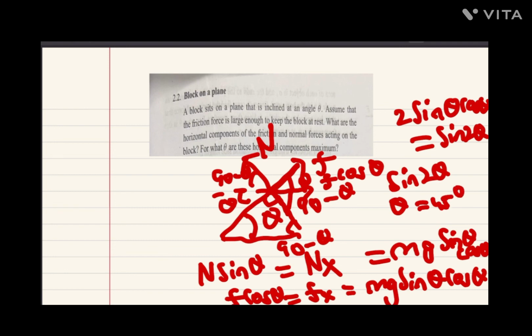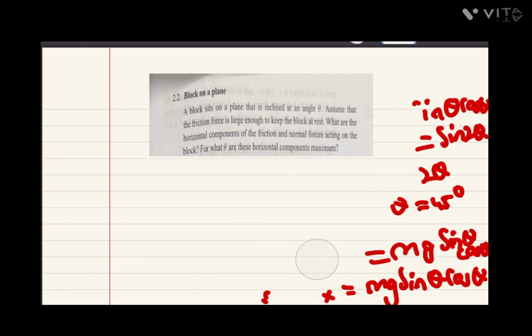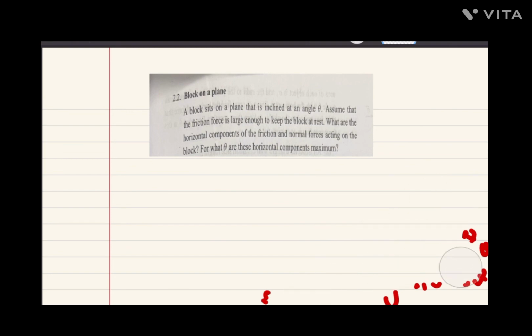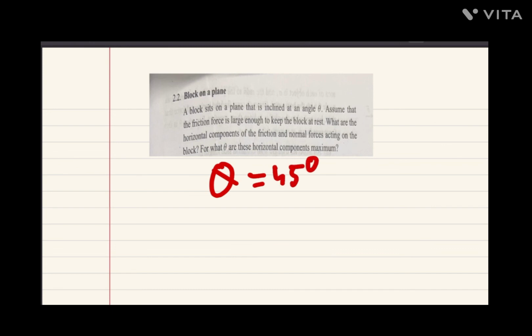Why? Because sine of 90 degrees is equal to 1, which is the maximum value of a sine function. So the horizontal components will be maximum when theta is equal to 45 degrees, and the maximum horizontal component of normal force and frictional force will be mg by 2.